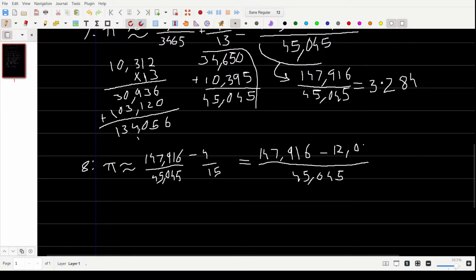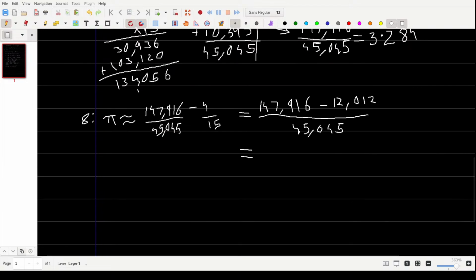Oh, 12, which is 135, and then 904. 4505. There we go. That is the way of things. Don't think we can simplify that further because we already did the simplifying.